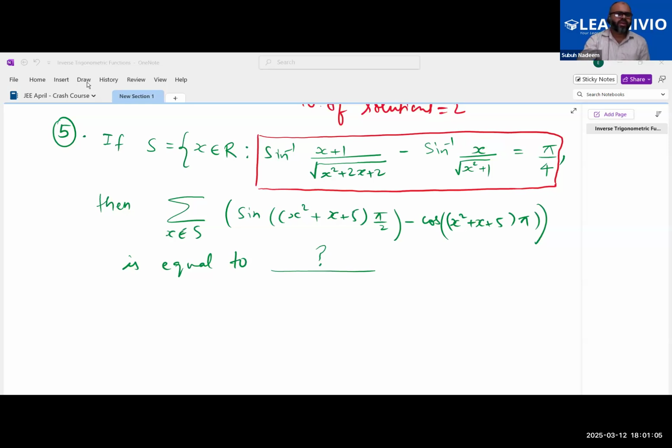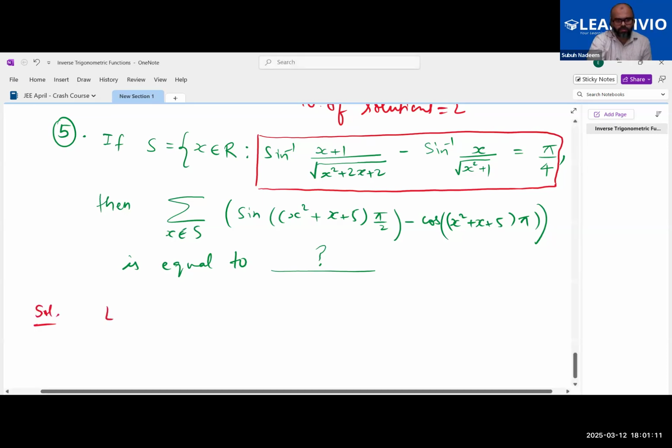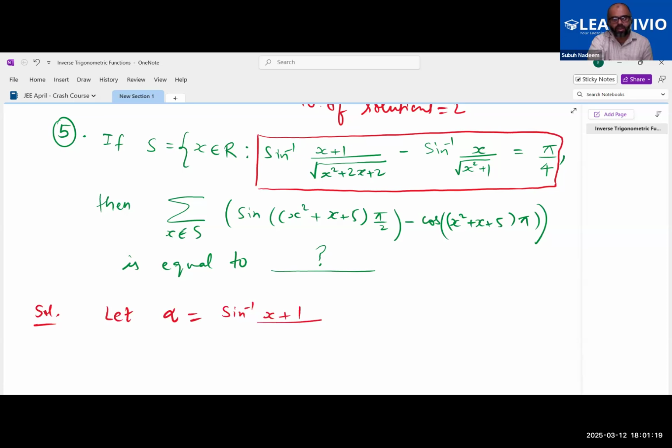Let me give you a hint. What we can do here is, we let alpha be equal to sine inverse of x plus 1 by square root of x square plus 2x plus 2.